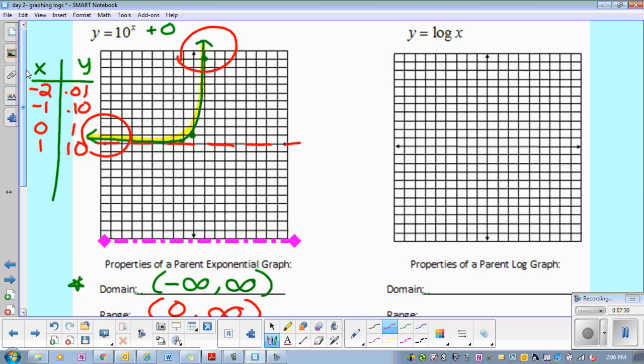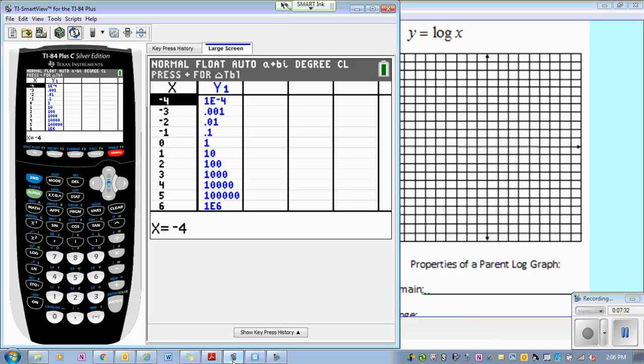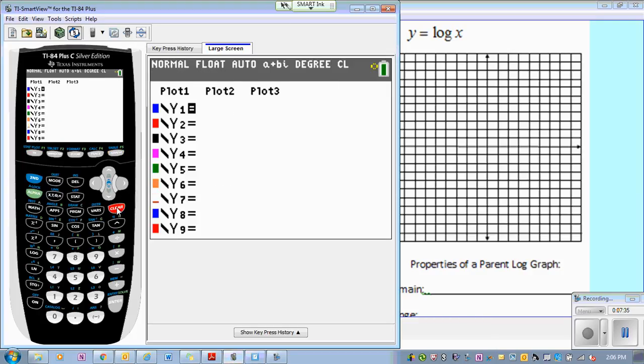But we can just put this in a calculator because we want to stay consistent. We're going to y equals, let's put in log of x and close your parentheses. That's all you have, just the x. So log of x. Let's graph it and take a look at this.